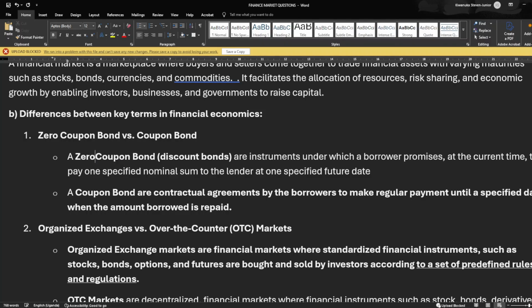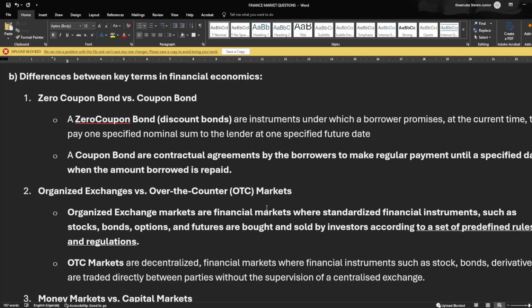First of all, they are contractual agreements between two parties, but it is the borrower who makes this agreement, and he is going to make regular payments until a specified date when the whole amount borrowed is repaid. Say he has borrowed 1 million, and he's going to pay 20,000, 20,000, 20,000 until the whole amount is repaid.